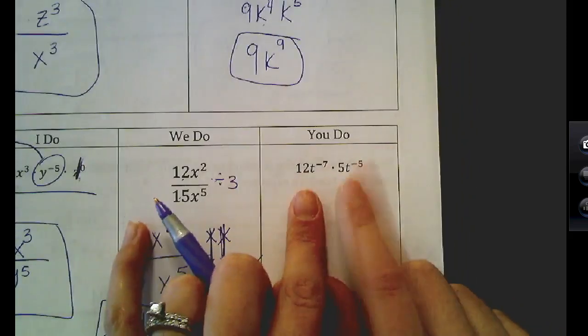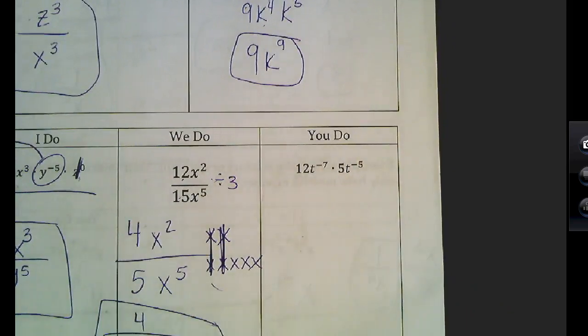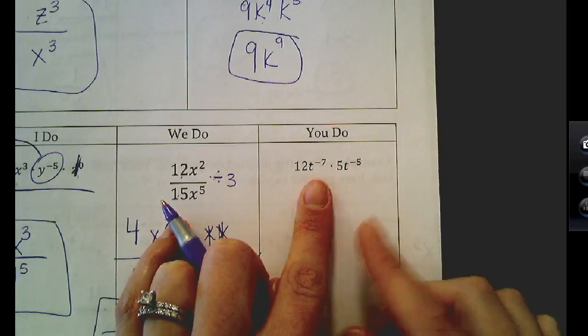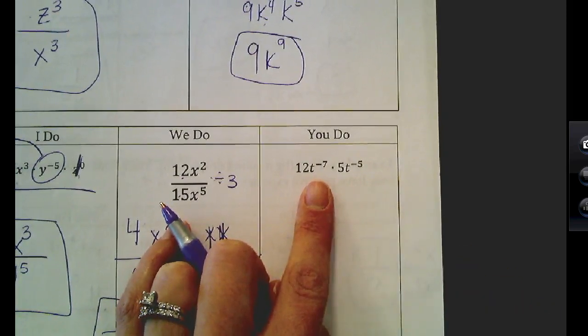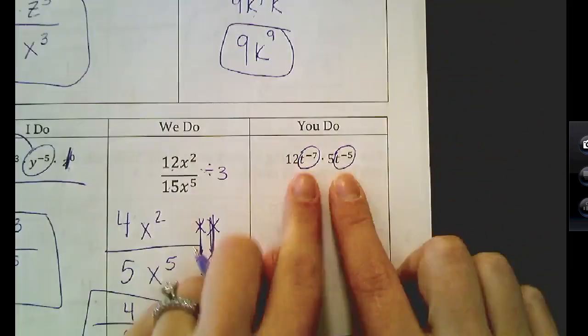Raise your hand if you see something that you think we can do right off the get-go. Anything. There are a couple different first steps that we could have here. Okay. What do you guys think we need to do first here? What do you think we should do first? Very good. What you would like to do is take these t's, and I'm going to only take the t.